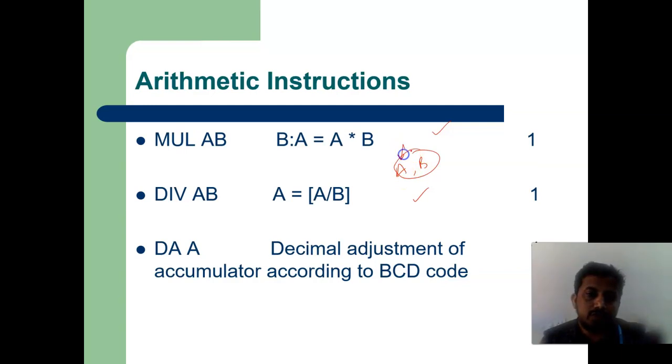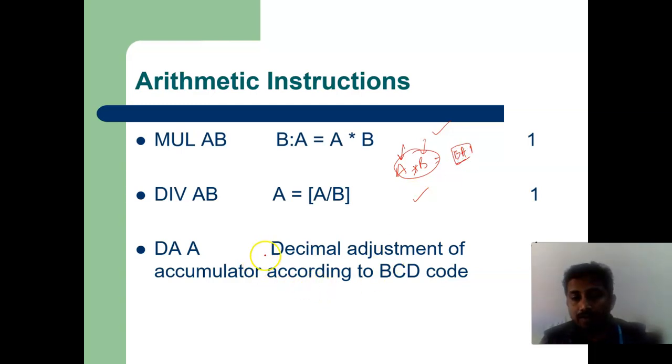One of the numbers should be stored in A, the other number should be stored in B. When you go for multiplication of two 8-bit numbers, the result may be 16-bit. So this 16-bit result is stored such that the lower 8 bits are stored in A, and the higher 8 bits are stored in B. So this is your result.